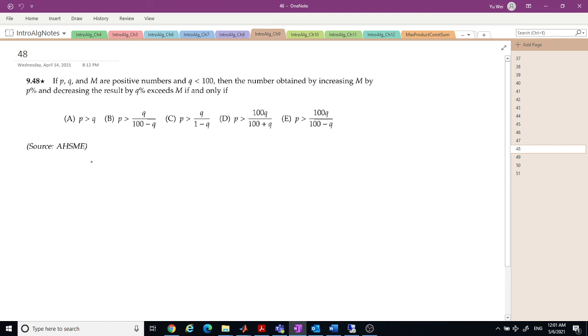So we have P, Q, M are positive numbers, and Q is less than 100.